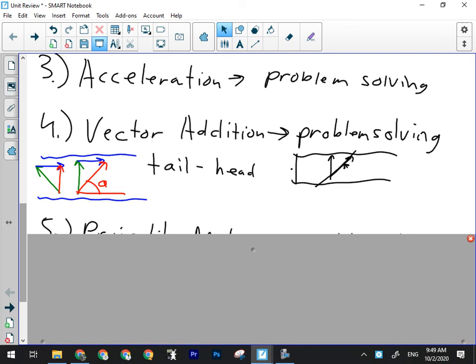If it says it wants the angle measured from the shore, it wants this angle. That's the one that's measured from shore. This angle is not. That's measured from perpendicular to the shore. So make sure you read the question carefully, because once in a while the question states it wants that angle or that reference. Be on the lookout for that, because you could do all the calculating, know exactly what you're doing, but because you haven't read the question carefully, you don't get full marks for your answer.